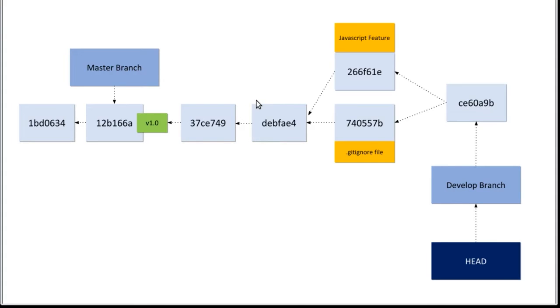Now the last thing that we want to do is take all the information here, what we call a snapshot or a commit, and merge it into the master branch. Now it's going to be a little bit different than this merge here, because in this merge we actually had 2 commits that were coming from the same parent commit.